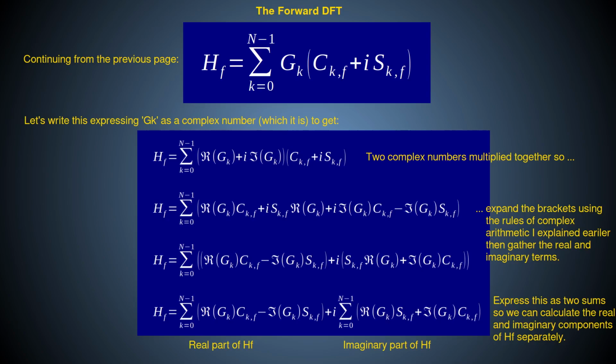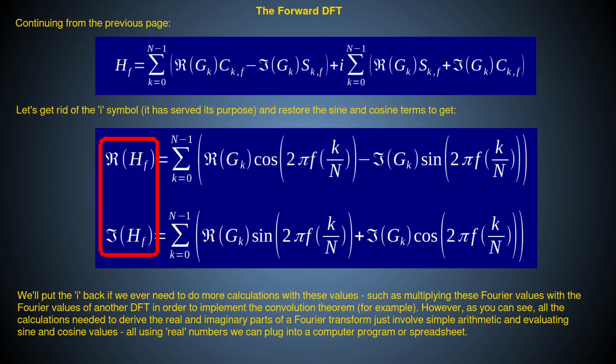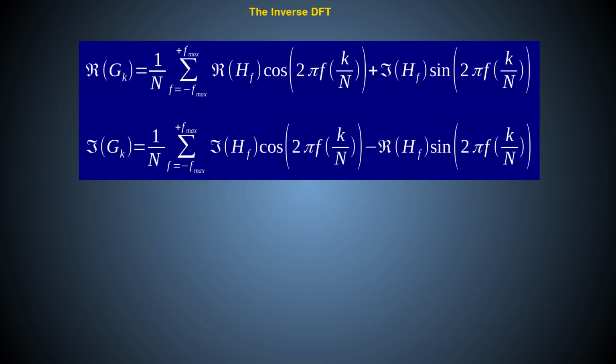And, eventually, once we gather the real and imaginary terms, we get this. So we have the real component here and the imaginary component here. It is clear, therefore, that the output of this forward DFT is a set of complex numbers, just as the input had been a set of complex numbers. Likewise, for the inverse Fourier transform, we can do the same. So we get this for the inverse Fourier transform.